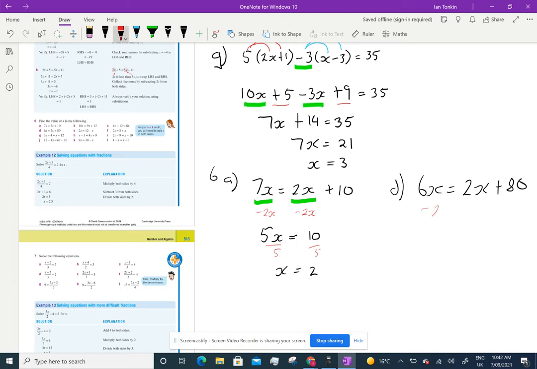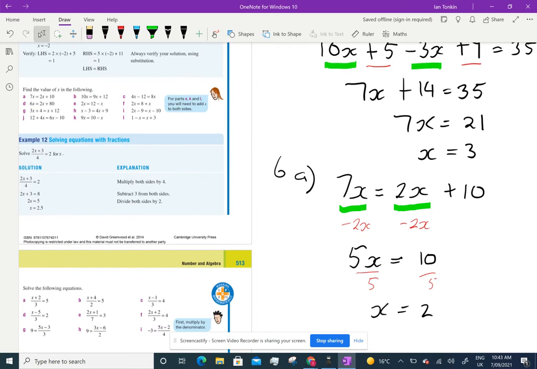Minus 2x. So minus the 2x, minus the 2x. Take it away. That gives me 4x equals 80. Divide by the 4. And I get x equals 20. Double check your answers in the other side, and we're right. You can check it by substituting it in.